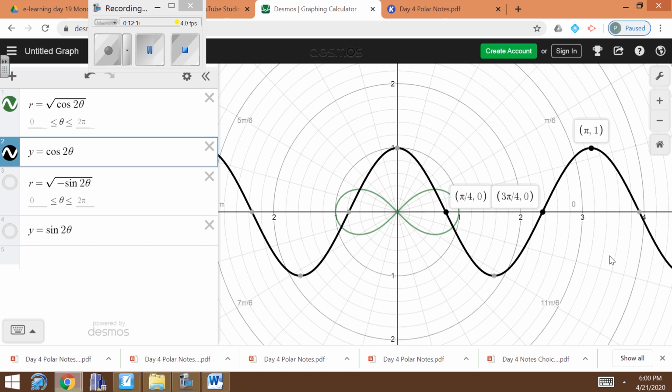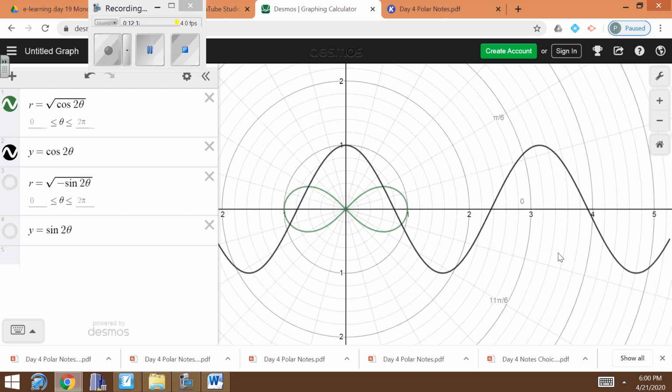And then if I scoot around here, up here I was at 3 pi over 4, over here to 5 pi over 4. Again, that was all of this part graphed here. So here we're at 1, then it's getting closer and closer to the pole back here at 0. And once again, we have some break in the graph.